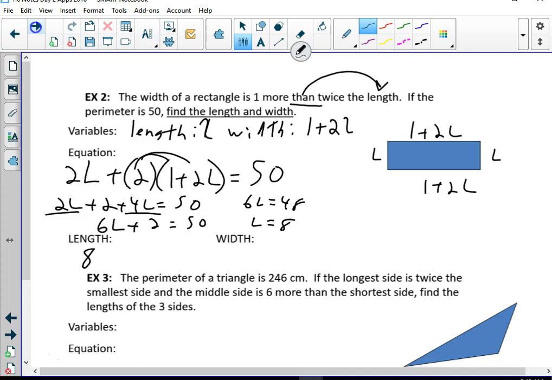What's my width? Plug that 8 in right there. 17. 2 times the length plus 1. 2 times 8 is 16, plus 1 is 17.